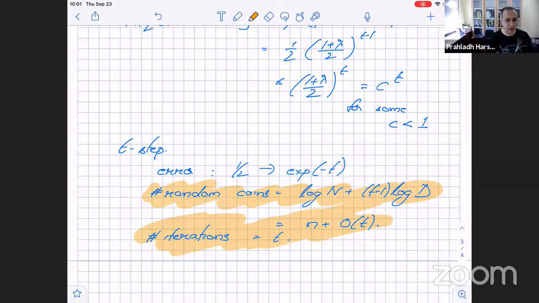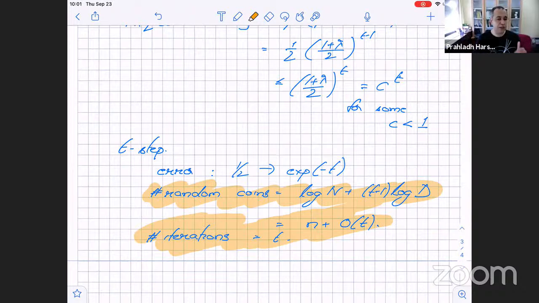But once again, notice what we need for this application: not just an expander construction, we need a super explicit expander construction. We cannot afford to draw the entire graph. That's too many vertices. So given a vertex, we must be able to compute what its neighbor is. In the next lecture, we'll see extremely efficient constructions of expander graphs which achieve this property.